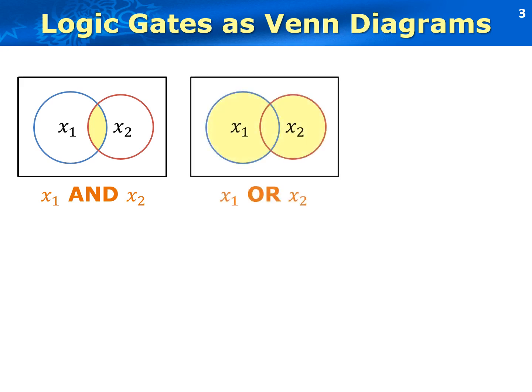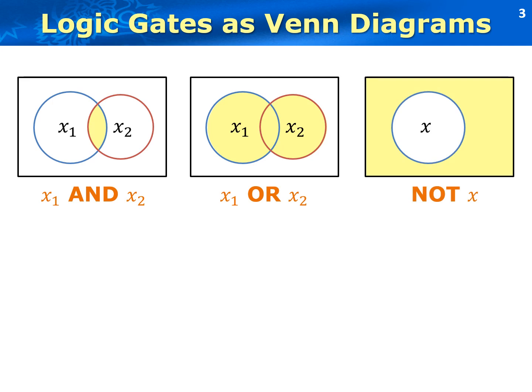The combined region of x1 and x2 represents the OR gate, which is the union of x1 and x2. The complement of X in the universe set represents a NOT gate.